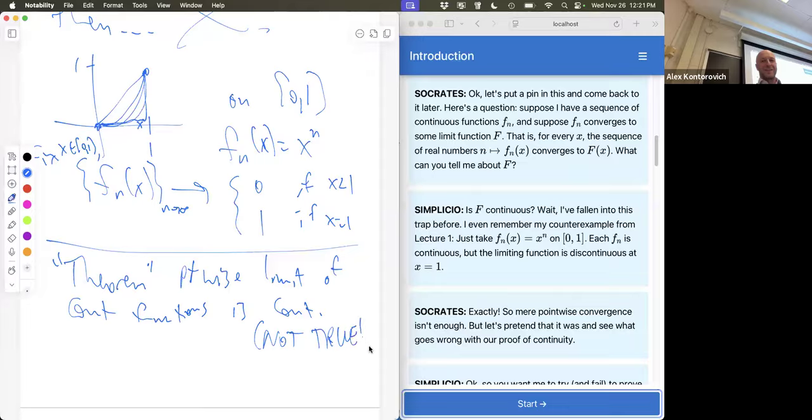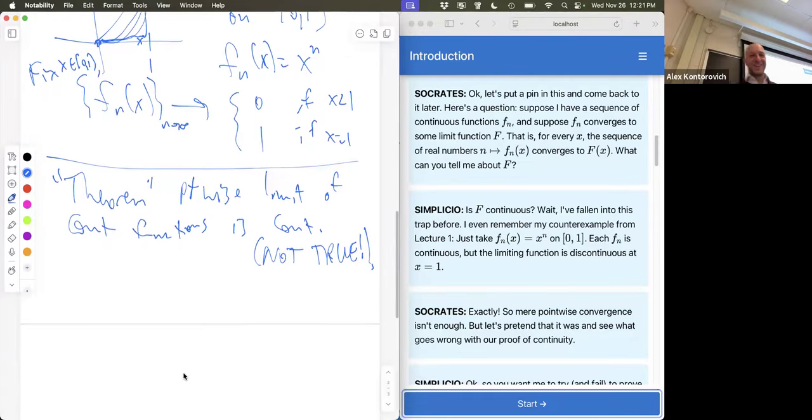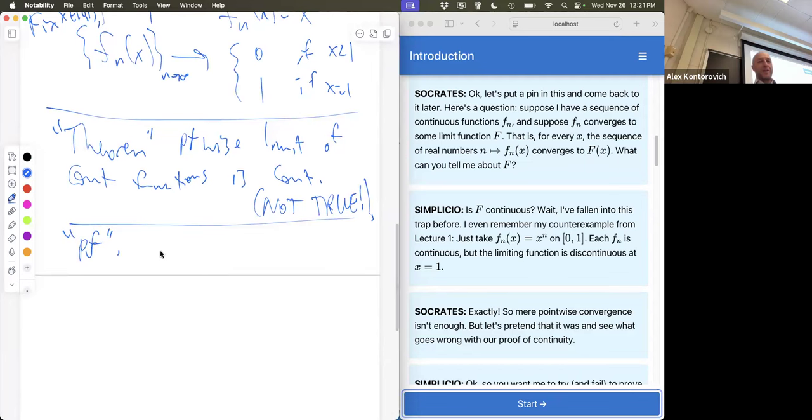Let's record this in case you're reading the lecture notes later and you see this theorem and you decide to quote it. Okay, so no, it's not true. Proof, fake proof. All right, so we want to know, is capital F continuous at x? So fix x. Let x be given.